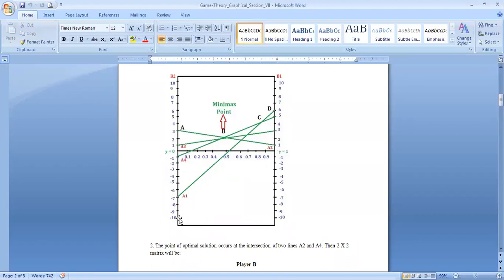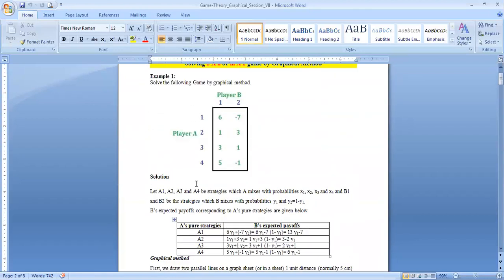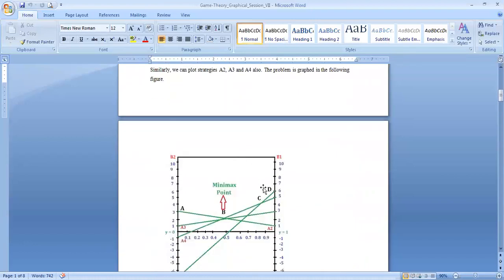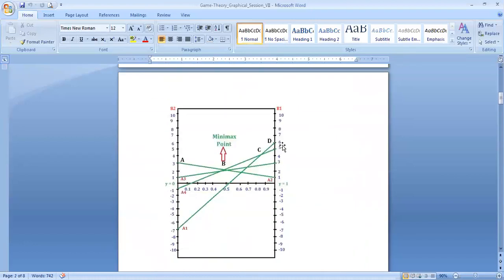Then, next, take the first strategy A1. It is 6, minus 7. So locate 6 on B1 and minus 7 on B2. Note down 6 on B1 and minus 7 on B2.